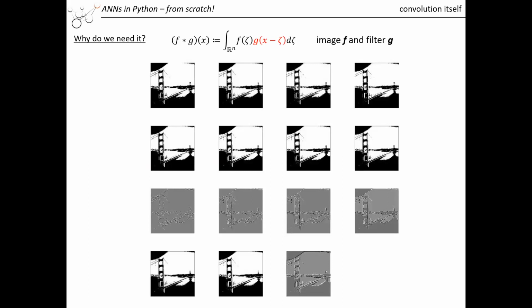So depending on which kind of filter you use for the convolution, it can highlight different features, different structures in your image. And that's important because you want to understand what is in the image, in a sense. So which structures and which features are important, for example, for classifying this image.